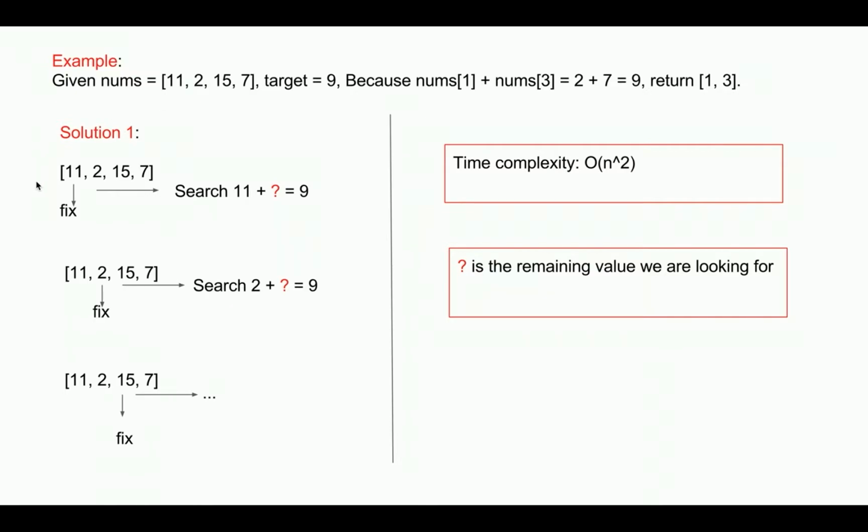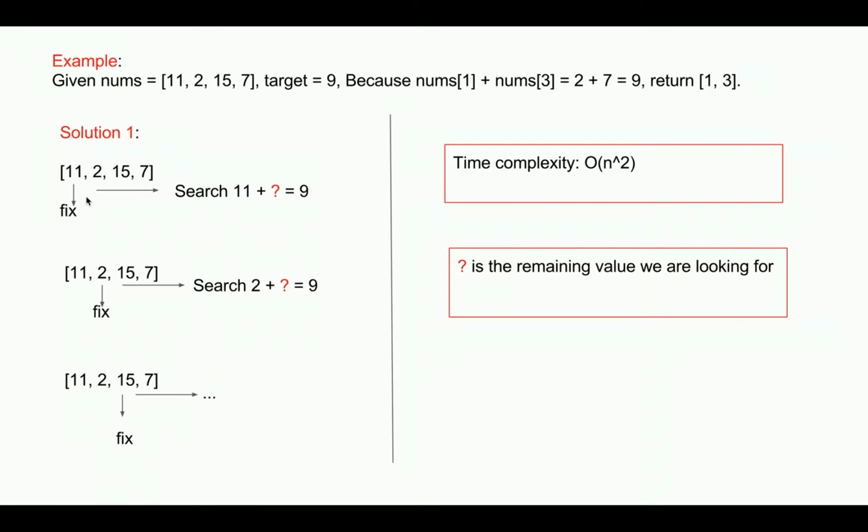The first solution, the brute force solution, is to fix each value, fix 11, and do a for loop search through the remaining values to figure out 11 plus which value equals 9. When we find this value, then we find the solution.